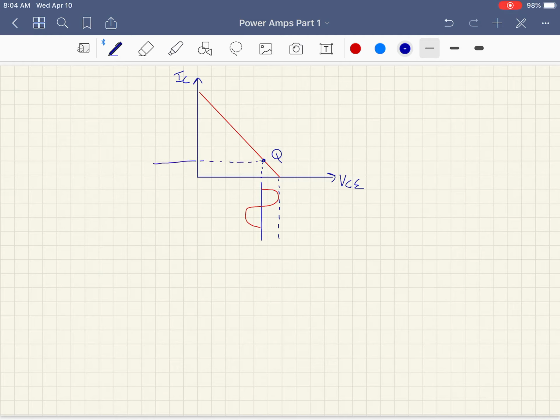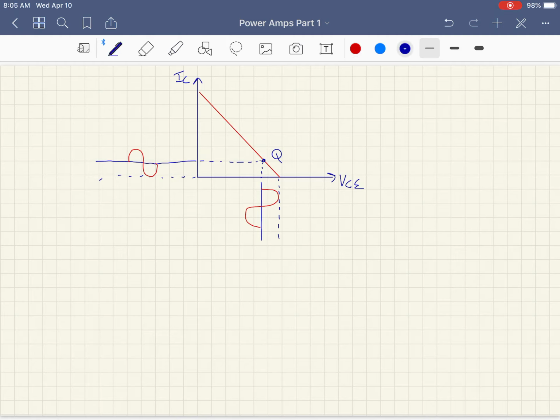As far as IC goes, we get the same thing going on with IC. We end up with our sine wave amplitude limited by, well, for IC it's by 0, okay? And for VCE, it's actually the saturation, the cutoff voltage.